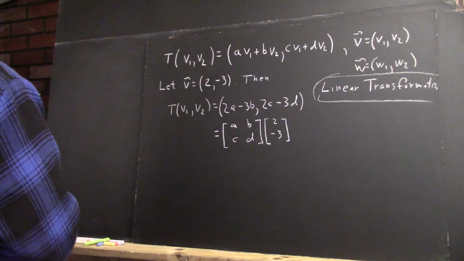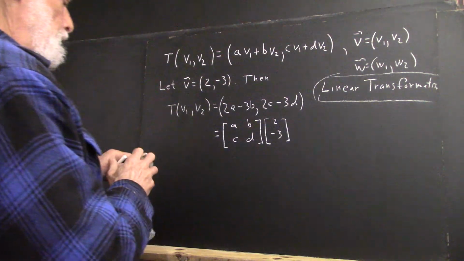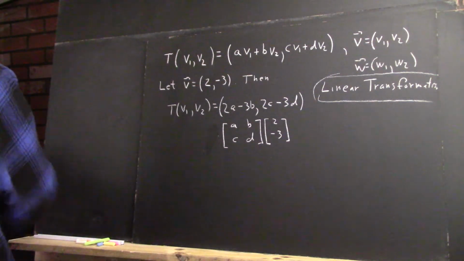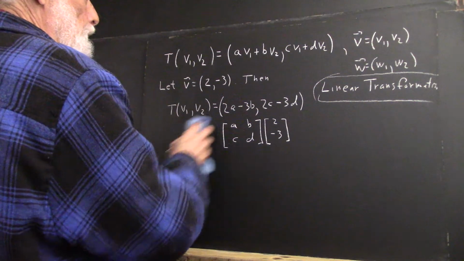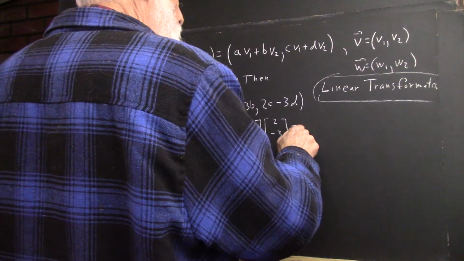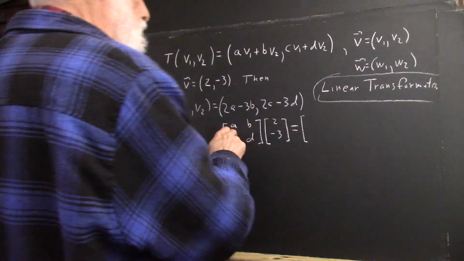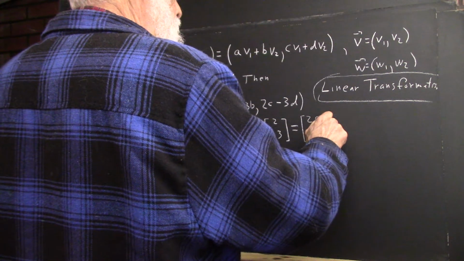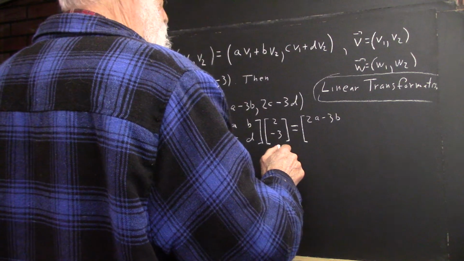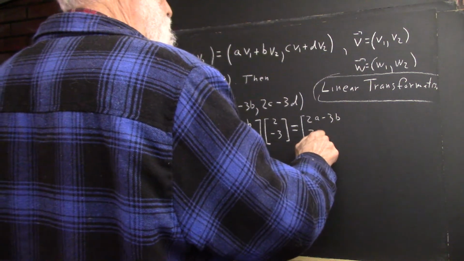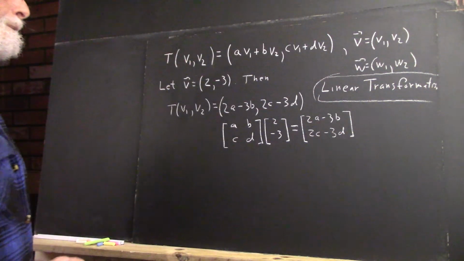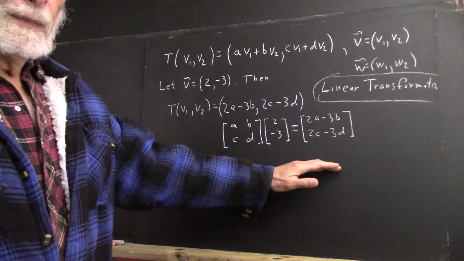Maybe I shouldn't use an equal sign there, so I'll just make a note of the fact that these same components can be obtained from a matrix equation, because this matrix equation gives us 2a minus 3b and 2c minus 3d. We'll talk more about this matrix equation later.